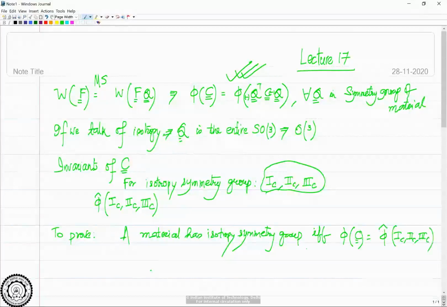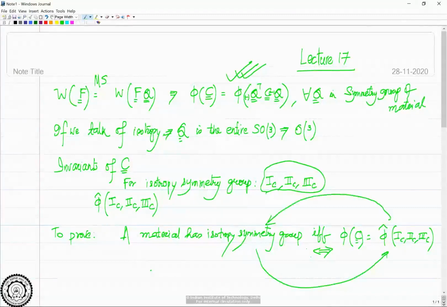See, you know this trick of if and only if? It means both ways. Starting from the fact that it has isotropy symmetry group, you should be able to come here, or the other way also, starting from this energy form, you should be able to come back here.